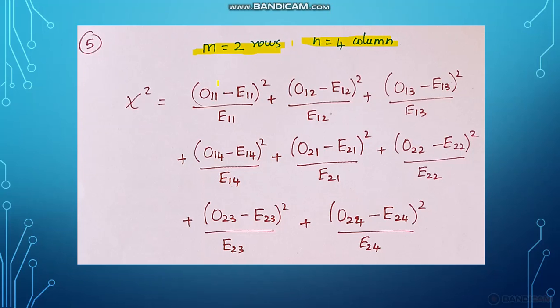In the chi square formula you will get (O11 minus E11) squared divided by E11. Here 11 means the first row and first column element, and similarly 12 means the first row and second column element, and so on up to O24, which means the second row and fourth column element.